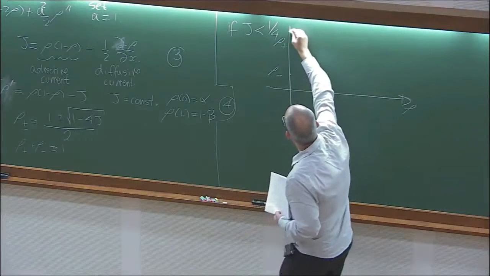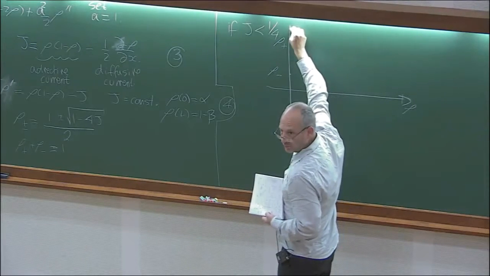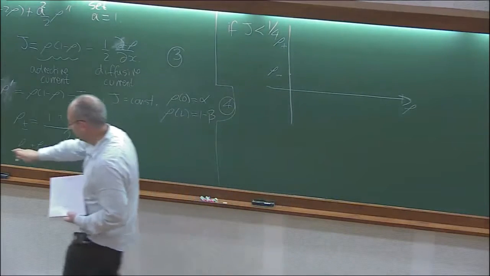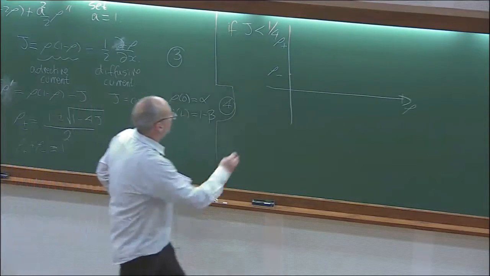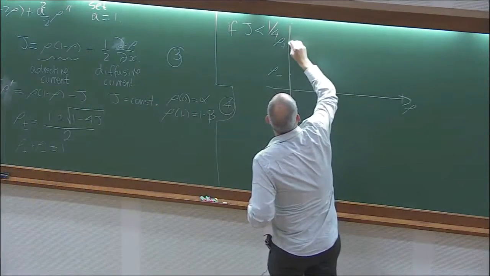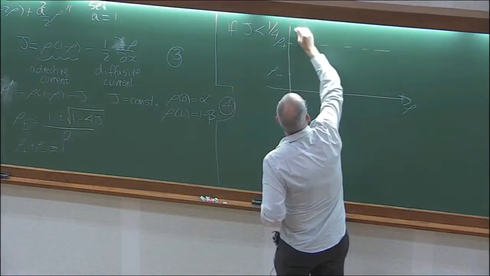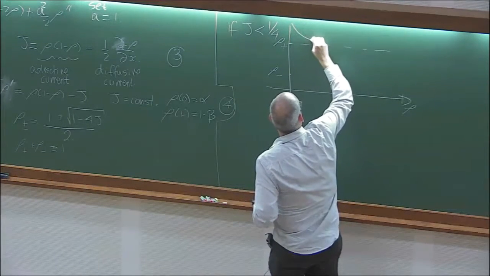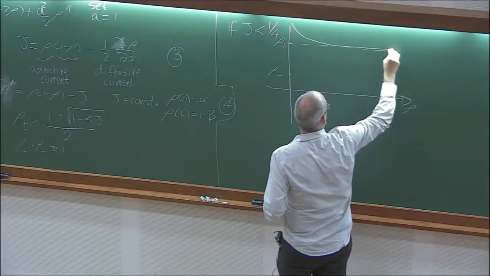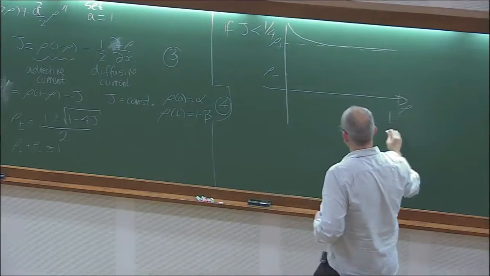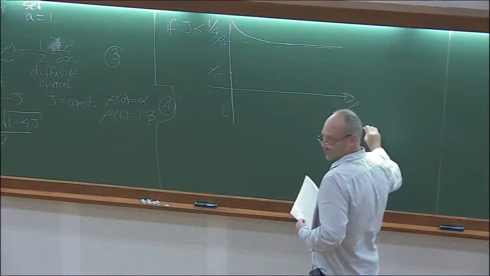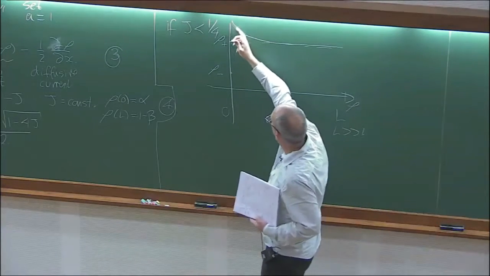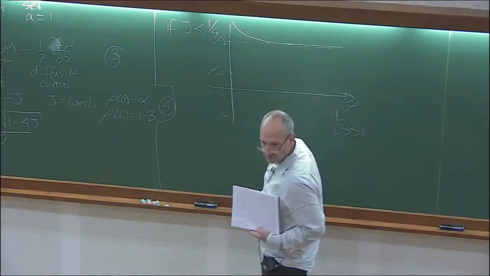If I start up here above rho plus, then rho dash is negative. So I have a solution that goes down, and if I go far enough, considering the system size L very much bigger than 1, I will converge to rho plus, no problem.